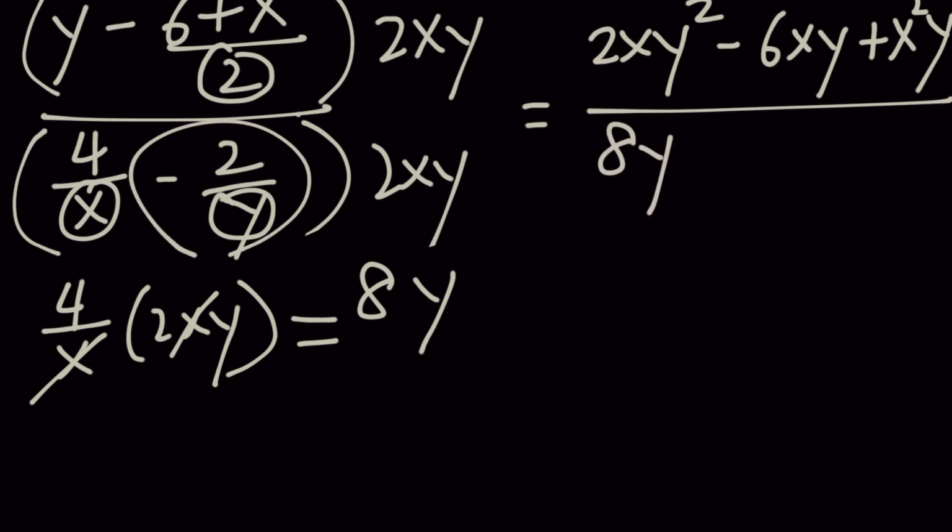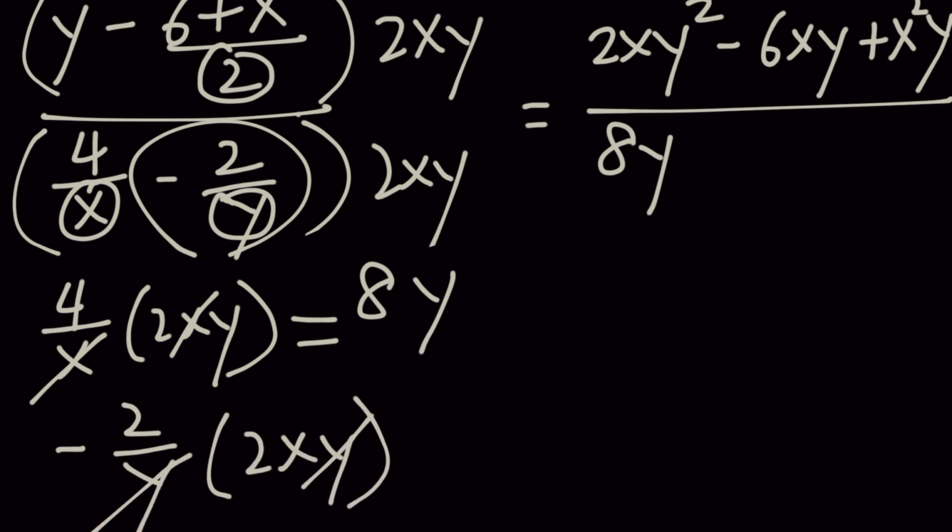Now for this portion, we have negative 2y multiplied by 2xy. Y crosses out, we will end with negative 4x. So that's where we'll put here. For the numerator, I can see we have x and y. So 1x and 1y.